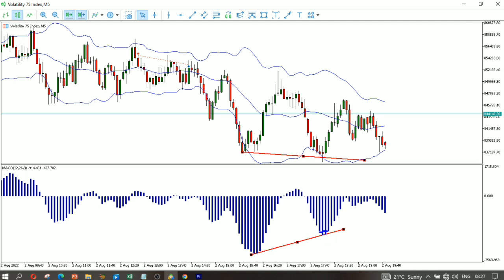Okay, so like this, if you look at this, right, but for you to enter, you want to see this happening, and then the market touching the Bollinger Bands, right? So once this happens, and the market touches the Bollinger Bands on the price action on this second lower low here, you want to be buying at this point.